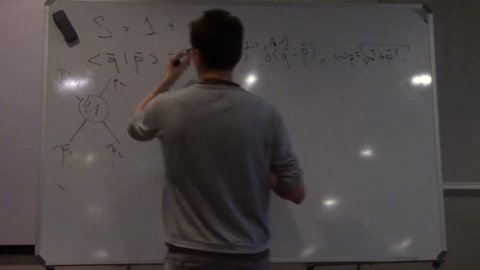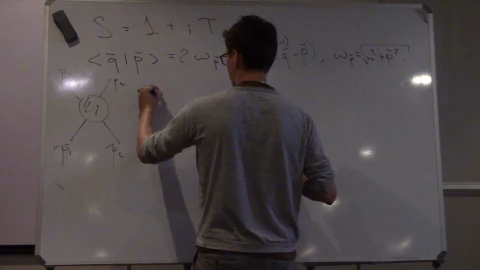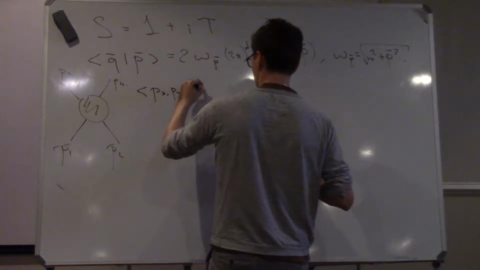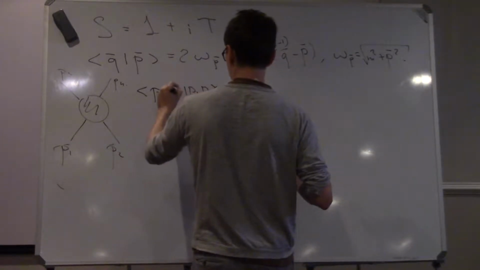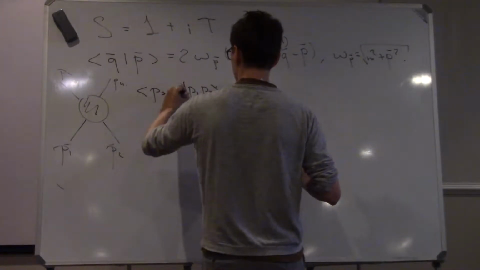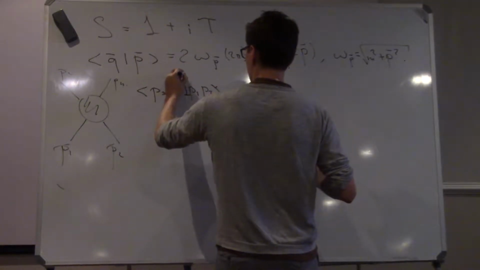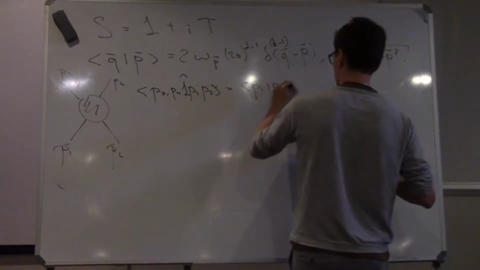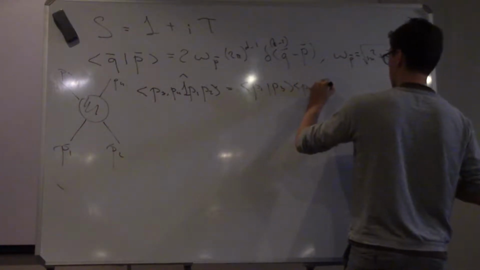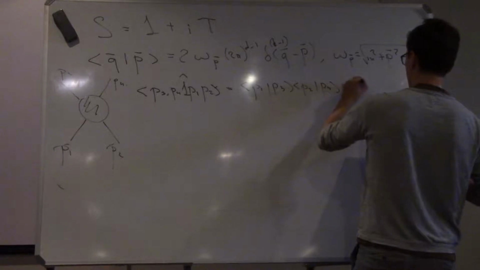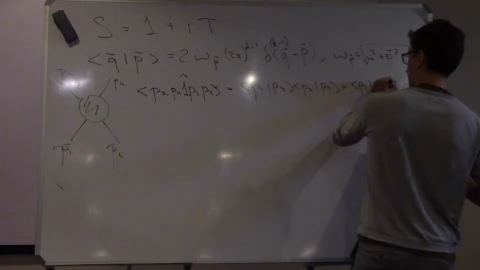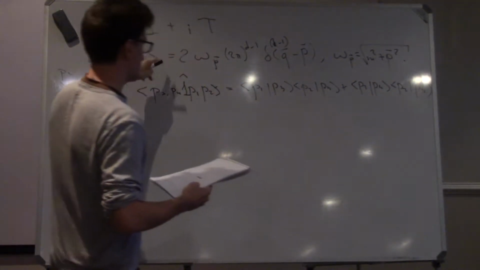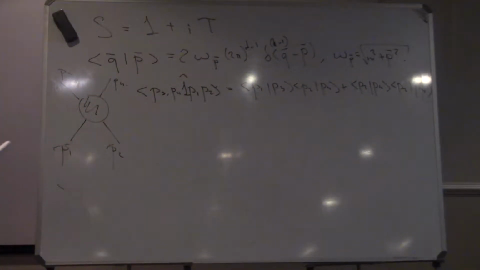The term without interaction simply gives, if we have identical particles, and we insert the identity operator, P1 P3 times P2 P4, plus P1 P4 times P2 P3, where these are the norms, and this corresponds to simply no interaction. Particles pass through each other.